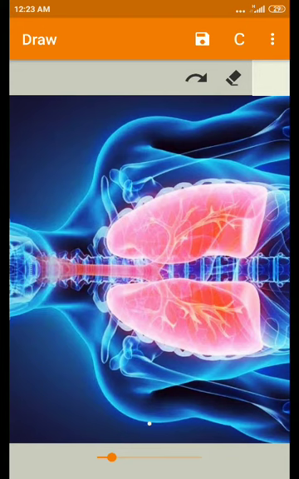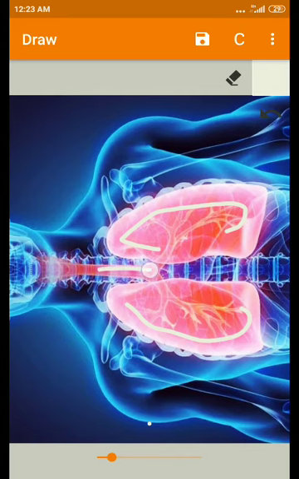The name itself indicates that there is some disease related to the pulmonary system. It may be the trachea, the bronchi, the bronchioles, or even the lung tissue. Any of these may be affected in chronic obstructive pulmonary disease.